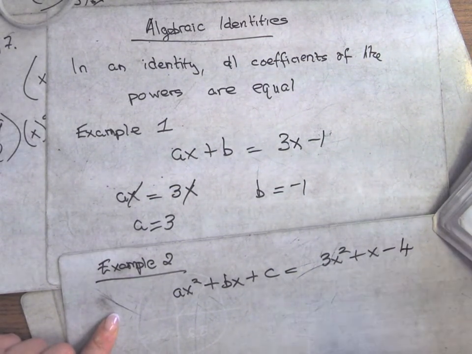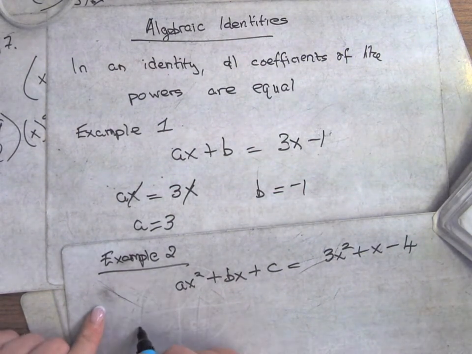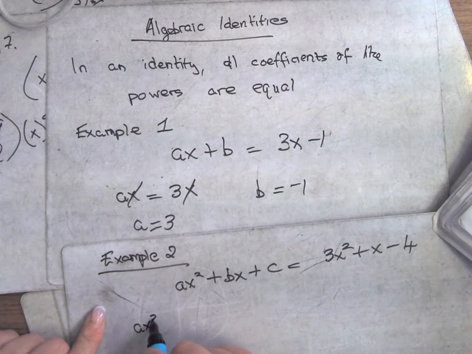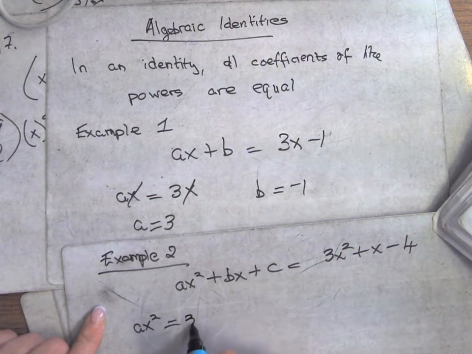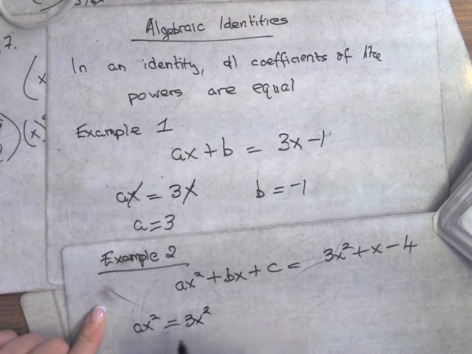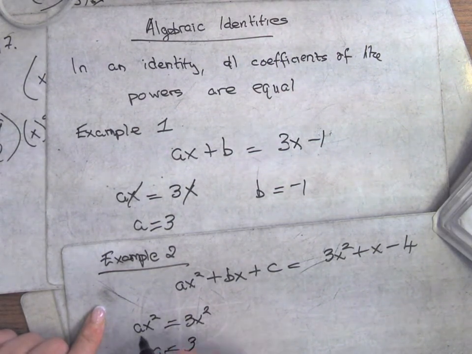Okay, so the x squared term on the left hand side must be equal to the x squared term on the right hand side. So what is a equal to? You don't even have to write down the first line if you want. You can go straight to a equals 3.